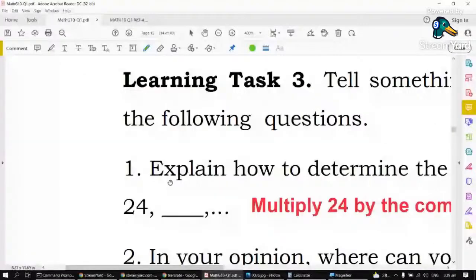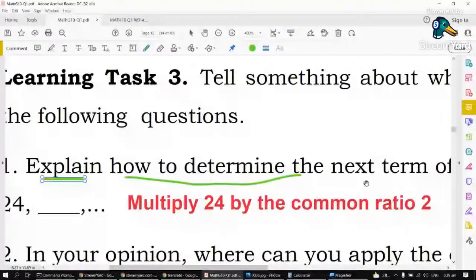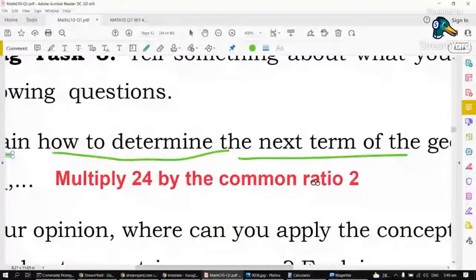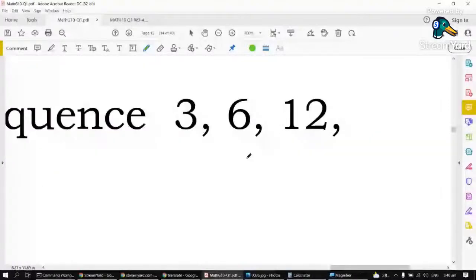Paliwanag natin kung how to determine, paano daw natin malalaman ang next term of the geometric sequence 3, 6, 12, 24. So, ang pinakaunang gagawin is hanapin muna natin ang common ratio. So, makikita naman natin dito, obvious, ang common ratio is 2.